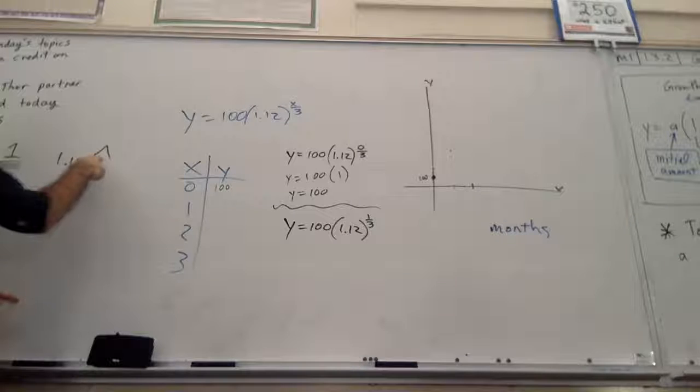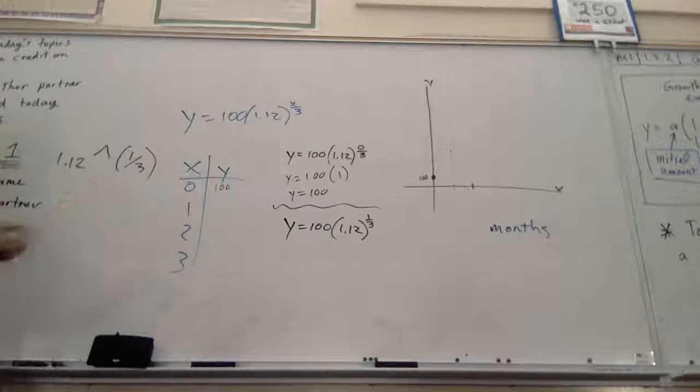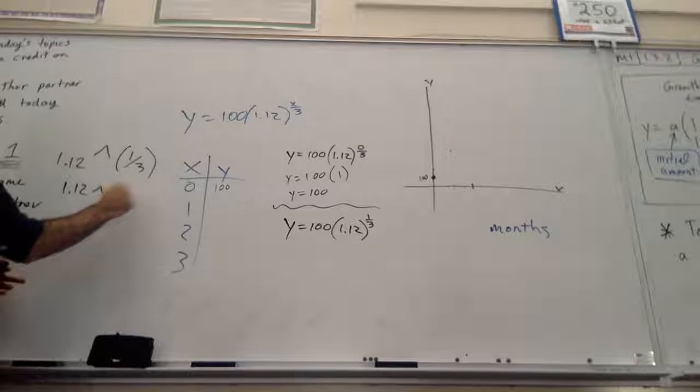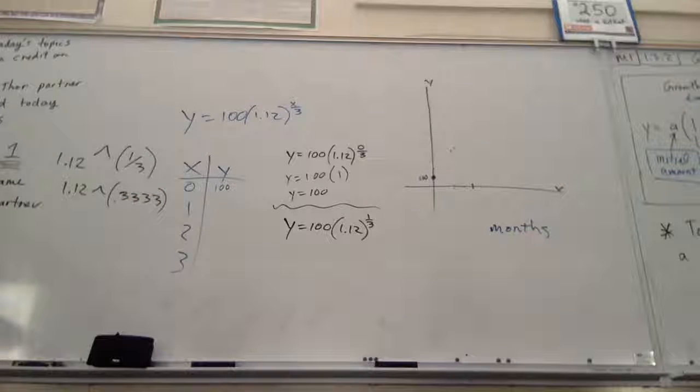You might have to do the chevron symbol, bracket, 1 divided by 3. That should get you there. You might also do 1.12 raised to the 0.3333, a few numbers like that. That's 1/3. You can do either of those.